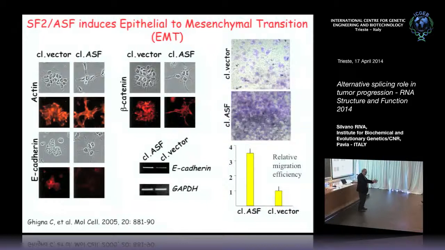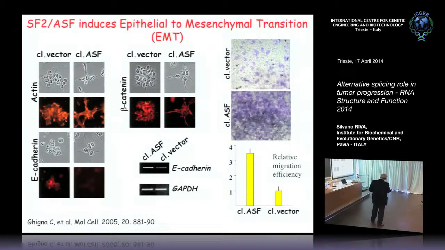They don't stay together. They lose adherence, and they can migrate and cross the matrices and so on. So this little event causes a rearrangement of the internal architecture of the cell. So this protein, constitutively induced, transforms epithelial cells to mesenchymal cells.